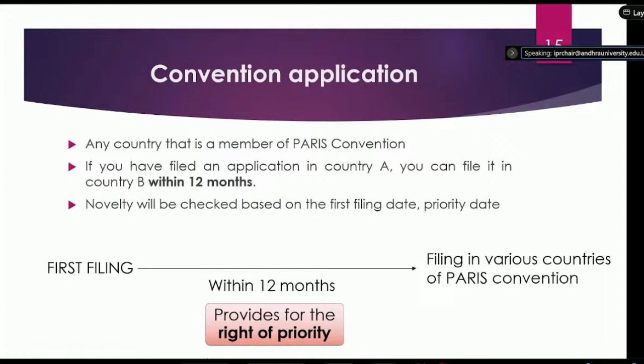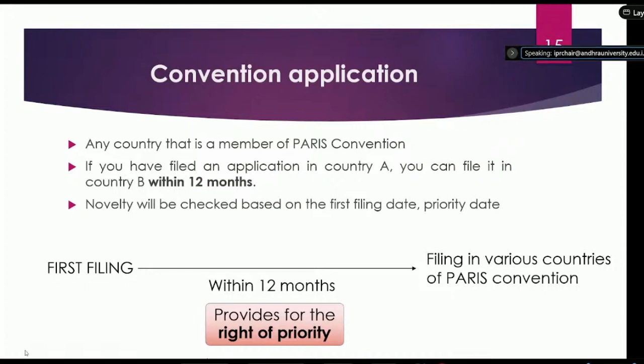So what do you do? You have 12 months of window time. So you file in USPTO, you file in JPO, you file in Germany and you file in Brazil. So you file one by one within this 12 months of window time, counting from the date of filing in India.